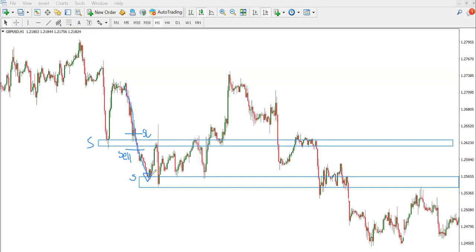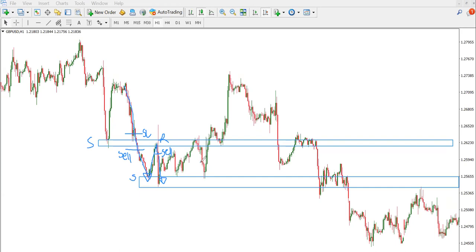Or you could wait and not trade the immediate breakout. You could wait for price to come back to this level of resistance, which was previously support. It's turned into resistance. At a resistance, I said we look for sells. And then once price reacts and starts going lower, you put in your sell order. Your target would be the support area.